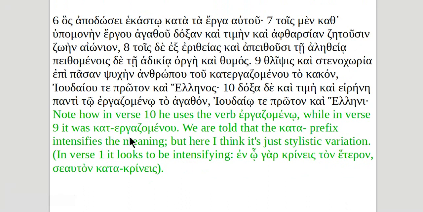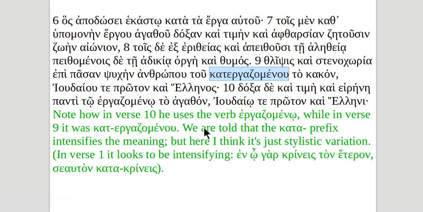Okay, next comment coming down to verse 9 and 10. In verse 10, he uses the verb in a participle form, while in verse 9, it had the kata prefix, the alpha drops off when it goes with this vowel epsilon here.